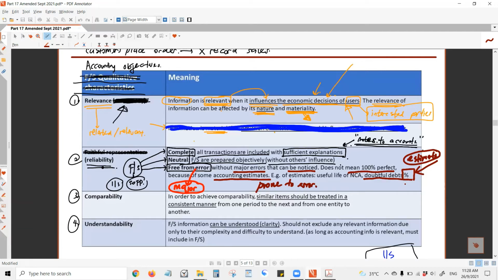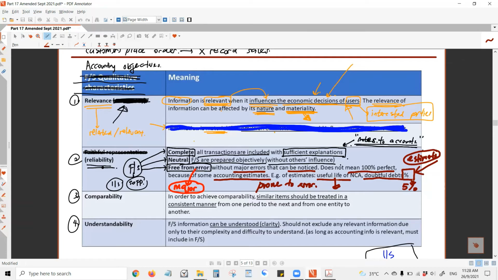Maybe you estimated the doubtful debt to be 5%, but it can be more than 5% or less than 5% because you are just estimating. You are not very sure. Another example is useful life. Useful life is how many years you expect you can use a certain NCA. Once again, it is an estimate.